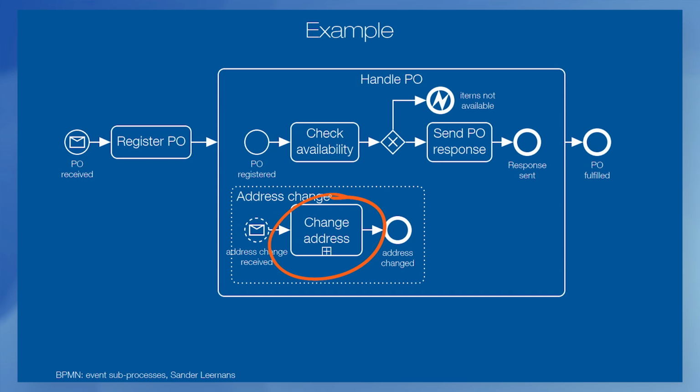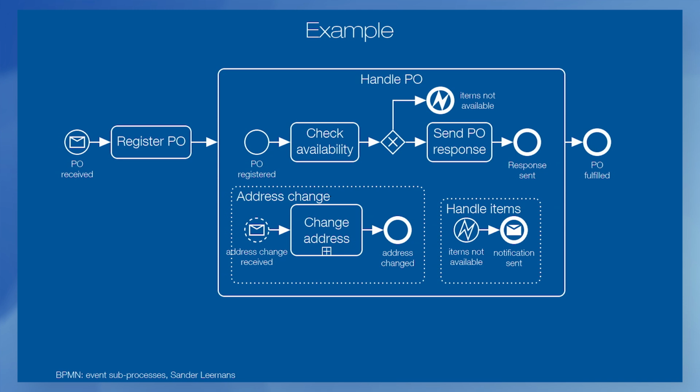Then we need to handle the exception. If this exception is thrown, we want to send a message. So we add another event subprocess that is triggered by this error, and in this subprocess we then send a message to the customer that the items are not available.